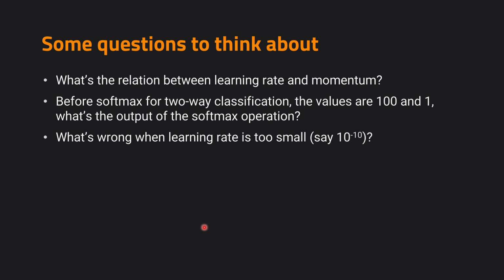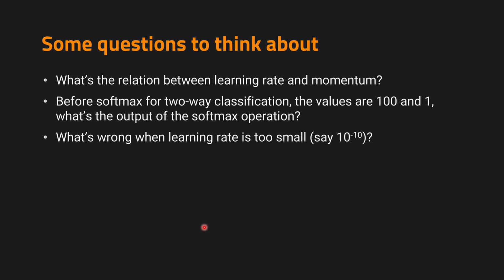And here is a situation. Say you want to do a two-way classification, and then the input for the softmax is you have two values. One is 100, the other is 1. What will be the output of the softmax operation from GPU? And the third question here is, what if your learning rate is too small, say 10 to the power of -10?